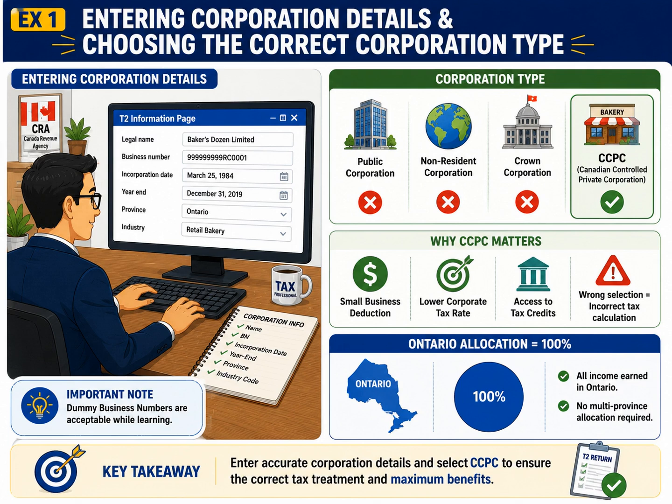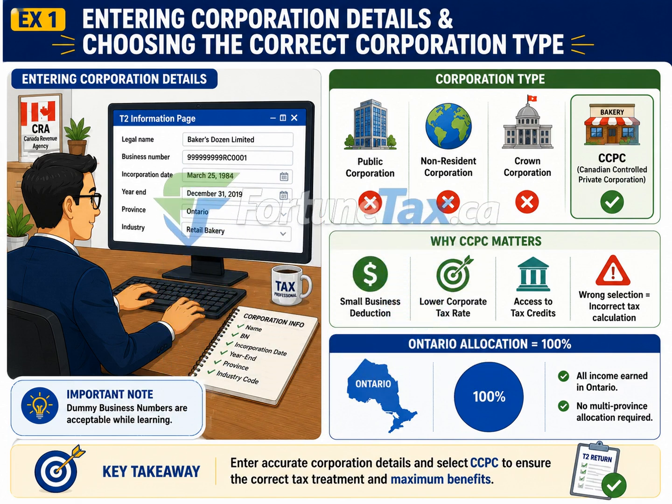By identifying the corporation as a CCPC, the software can correctly calculate important tax benefits, such as the small business deduction, apply the lower corporate tax rates available to eligible corporations, and determine eligibility for various federal and provincial tax credits. Selecting the wrong corporation type could lead to incorrect tax calculations and an inaccurate T2 return.